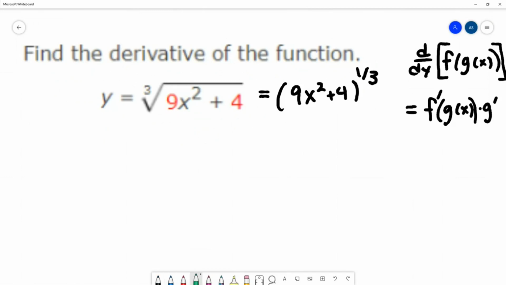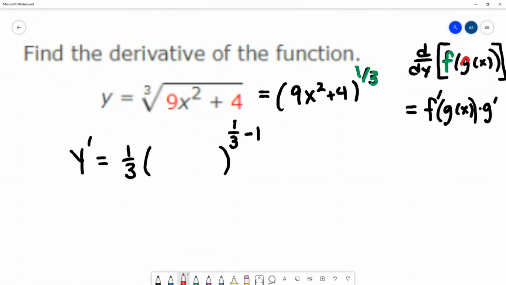So we have on the outside that power. That's our f. Because it's a power, we're going to use the power rule. The power rule is where we take the power and make it the coefficient. And then our new power is going to be 1 less than our old power. So 1 less than a third.